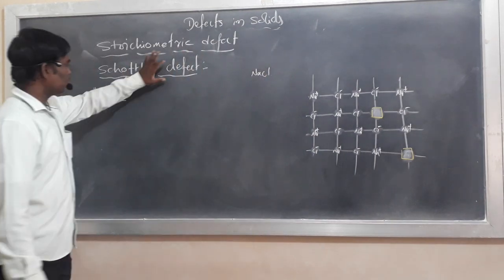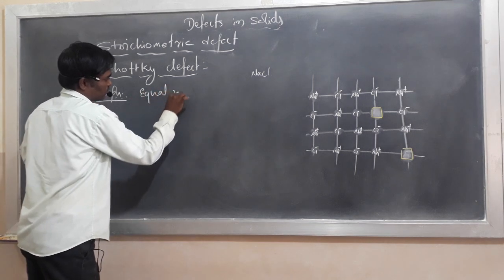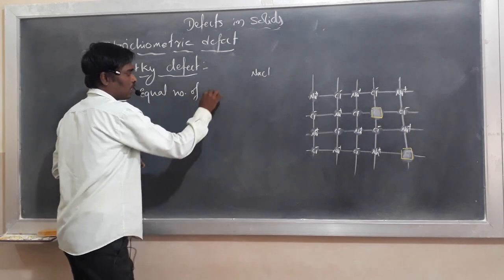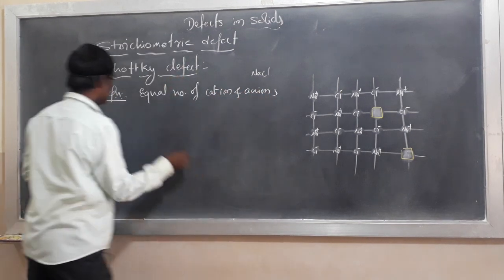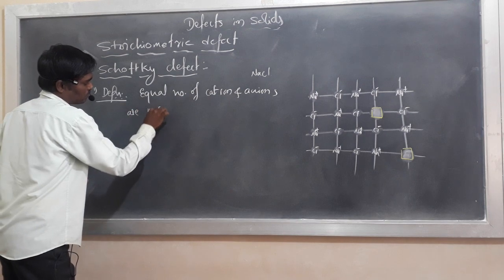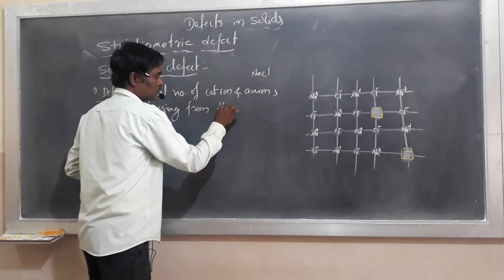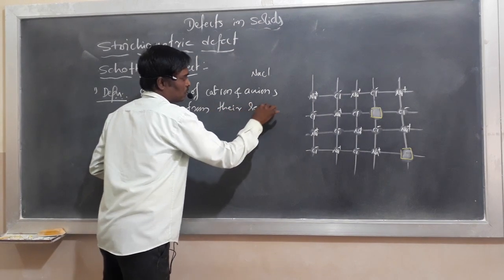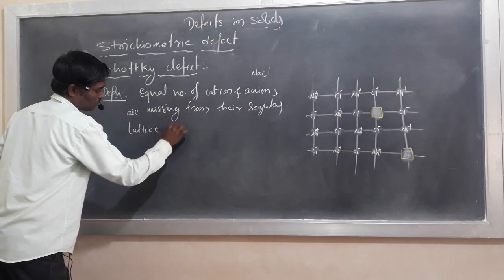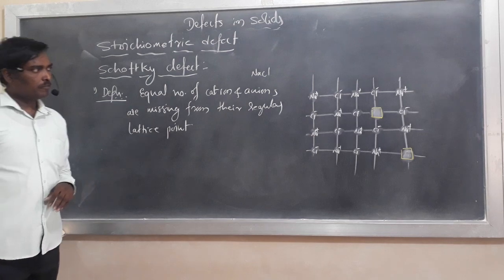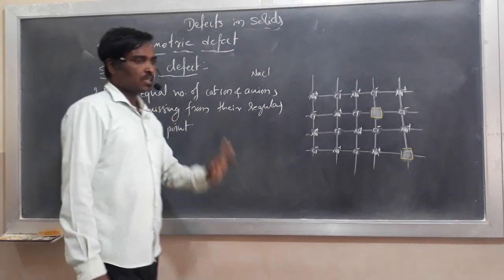So in Schottky defects, an equal number of cations and anions are missing from their regular lattice points. That defect we call Schottky defect. The same number of anions and cations are missing.